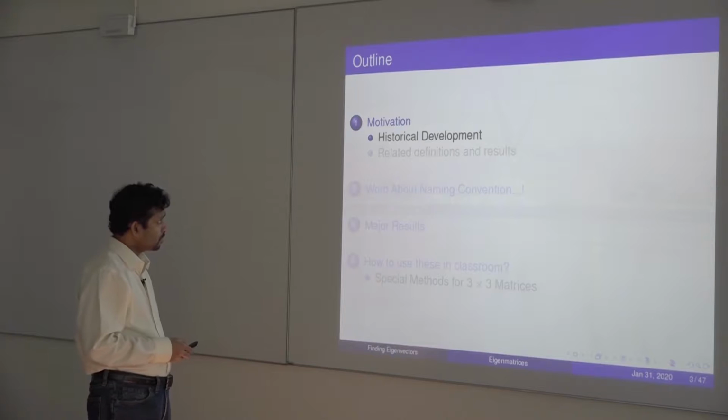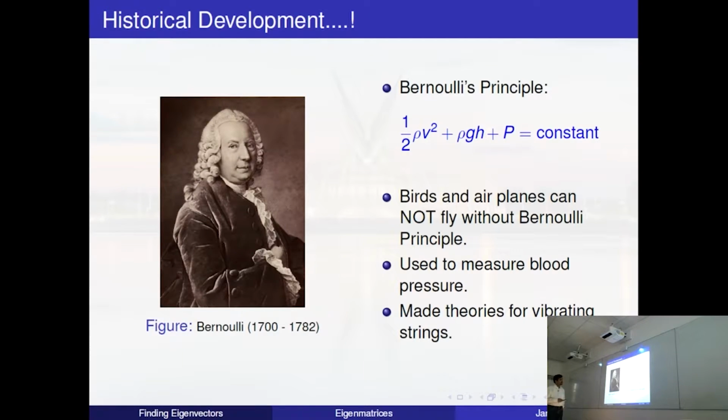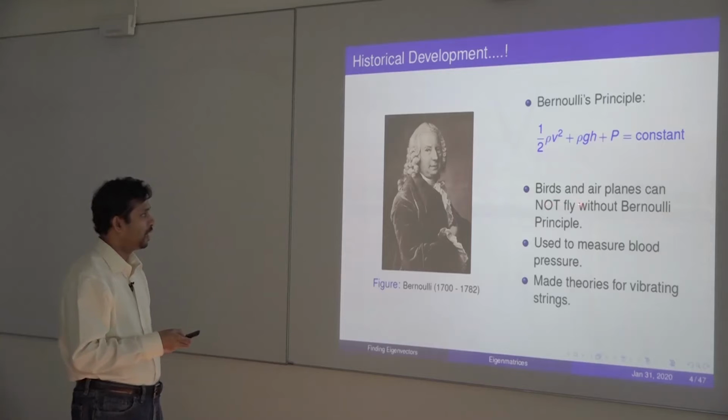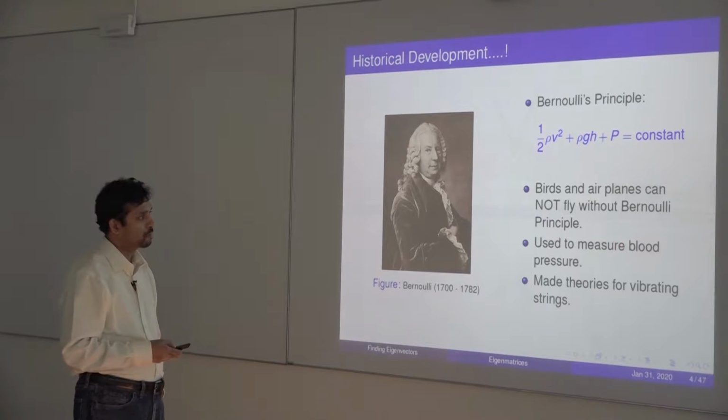So let's talk about a little bit of the theory. We know Daniel Bernoulli. Daniel Bernoulli is the one who came up with the background of the eigenvector. He is also the one who came up with what we normally call the Bernoulli principle in physics, which governs planes, or maybe how a bird flies. And in historical days, they used the Bernoulli principle to find blood pressure.